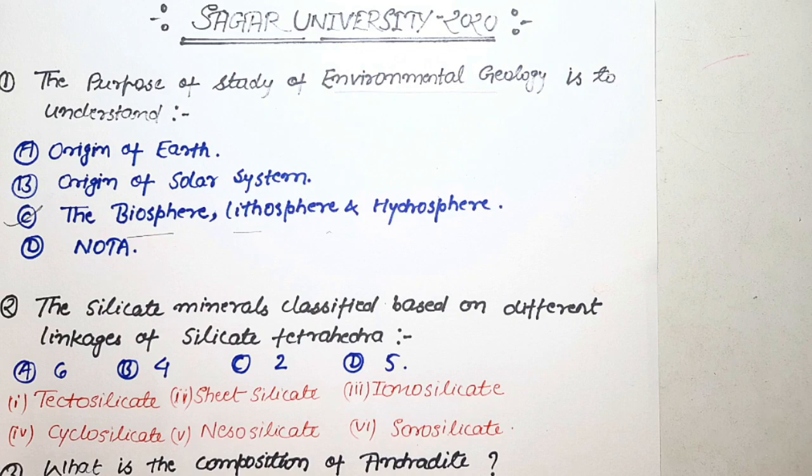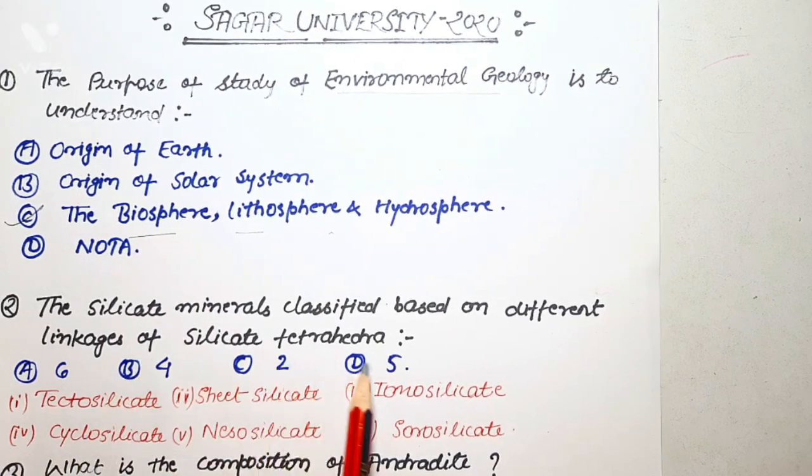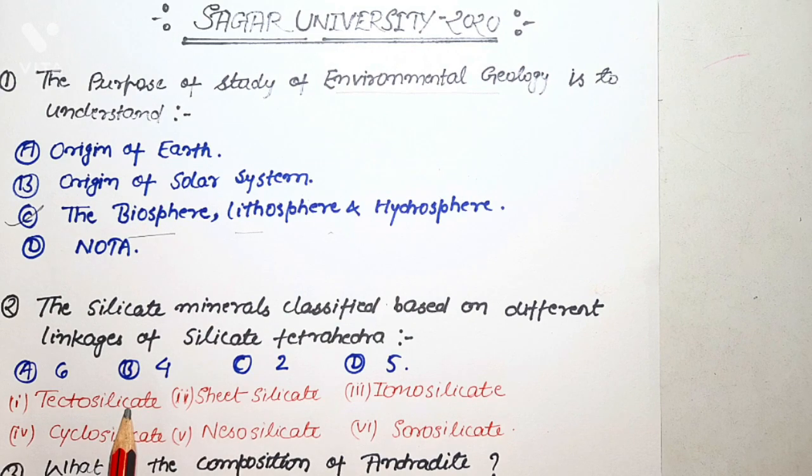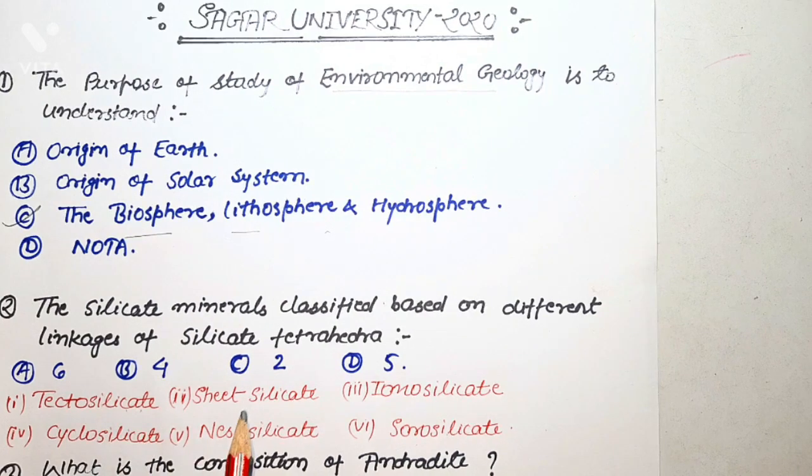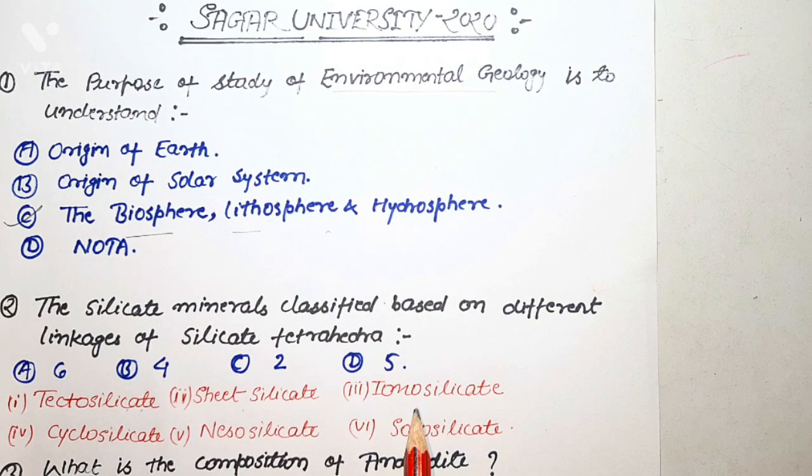Okay. So next question is, the silicate minerals are classified based on different linkages of silicate tetrahedra. So, silicate minerals classified on the basis of different linkages of silicate tetrahedra are tectosilicate, in which silicon oxygen ratio is 1:2, phyllosilicate, or these are also known as sheet silicate, in which Si:O ratio is 2:5.